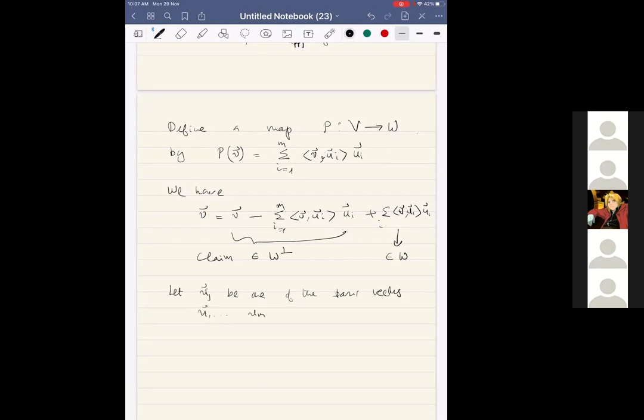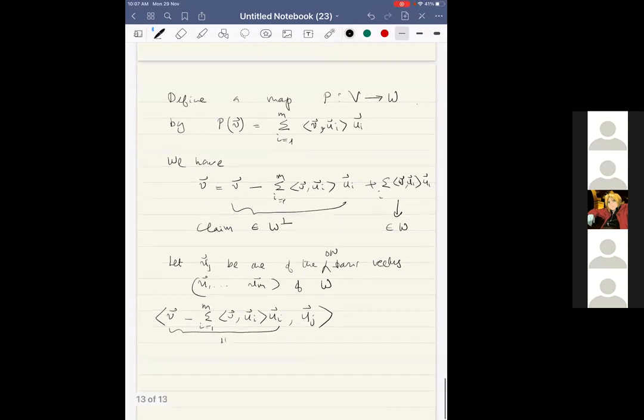Remember, this is an orthonormal basis of W, so uj is one of the orthonormal basis vectors of W. Then take the inner product of V minus the sum over i equal to 1 to m of (V, ui) ui with uj. So I'm taking any vector V, taking this combination and taking the inner product of that resulting vector with one of the basis vectors belonging to this orthonormal basis.